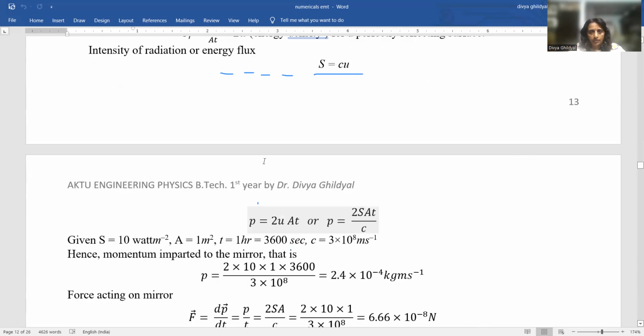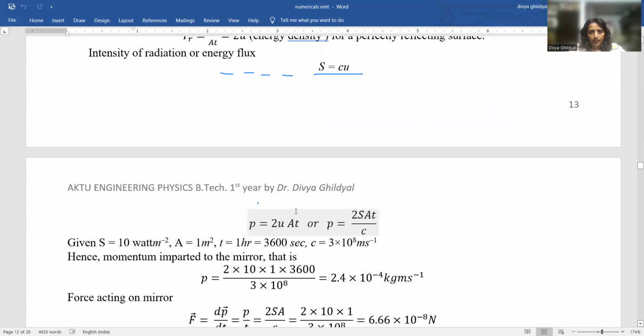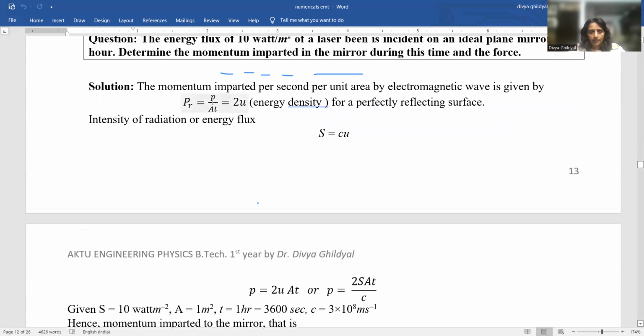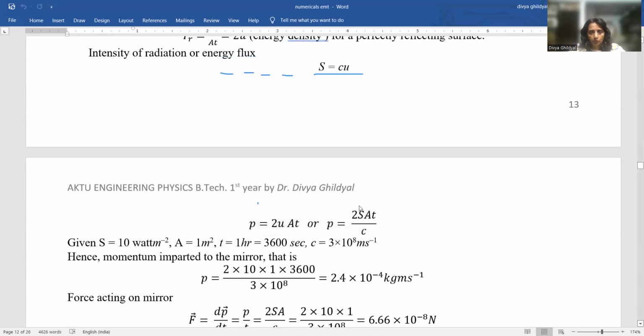So P, we just keep this value here, 2 times of U A T from this expression. P is equal to 2U into AT. So P becomes equal to, and S is CU, so this expression becomes P is equal to 2 times SAT upon C.